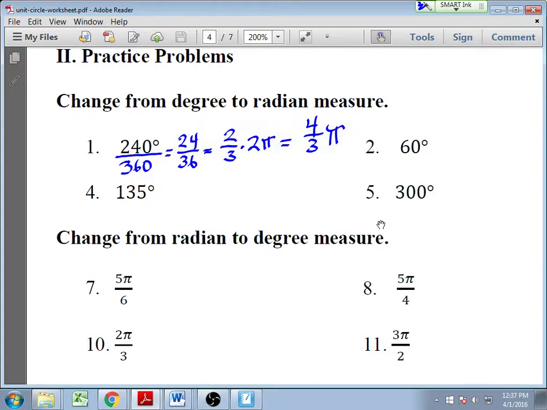The other method we can apply, which we can use for 2, for angle 60, is just apply the conversion factor. What do you want to get rid of? A pi or a degrees? A degrees. So to get rid of that, if that's in the numerator, I have to put degrees in the denominator, and I put pi in the numerator.